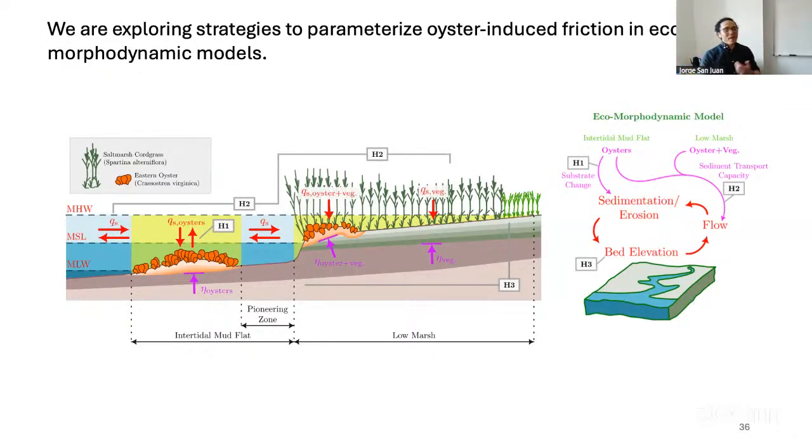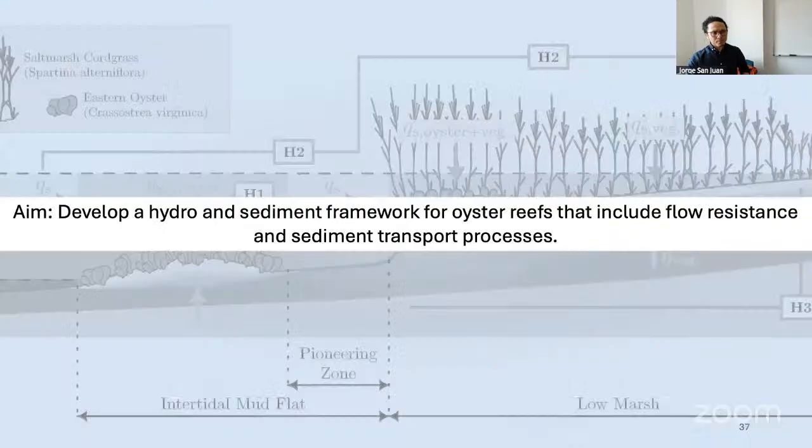Finally, we'd like to find strategies to implement that and bring it into a larger-scale ecomorphodynamic model, where we can have modules for oysters that interact with the sediment transport equations, but at the same time help us see how the bed is evolving in time.